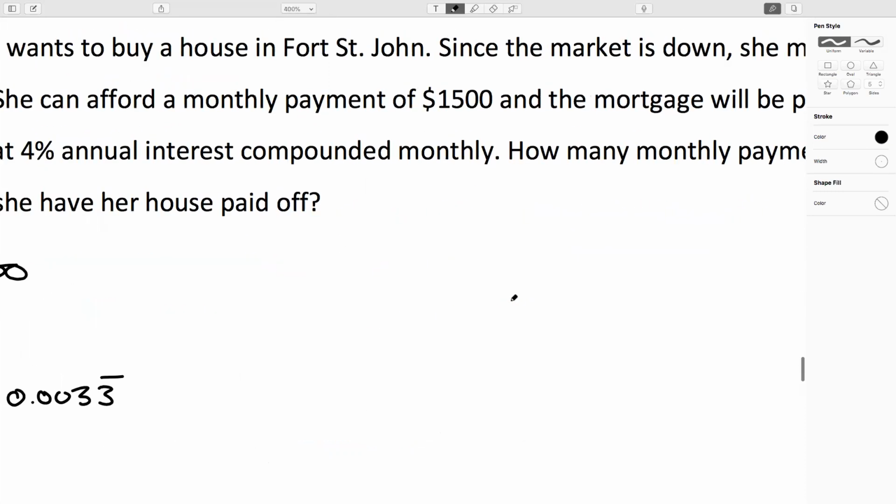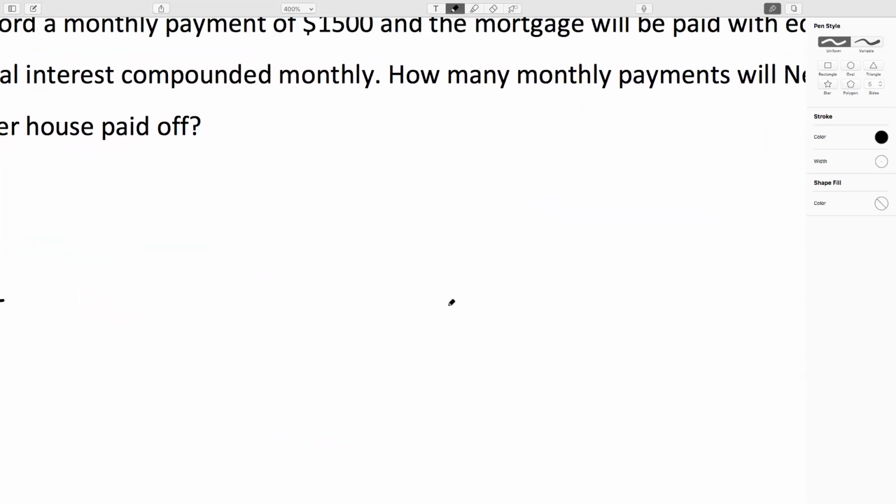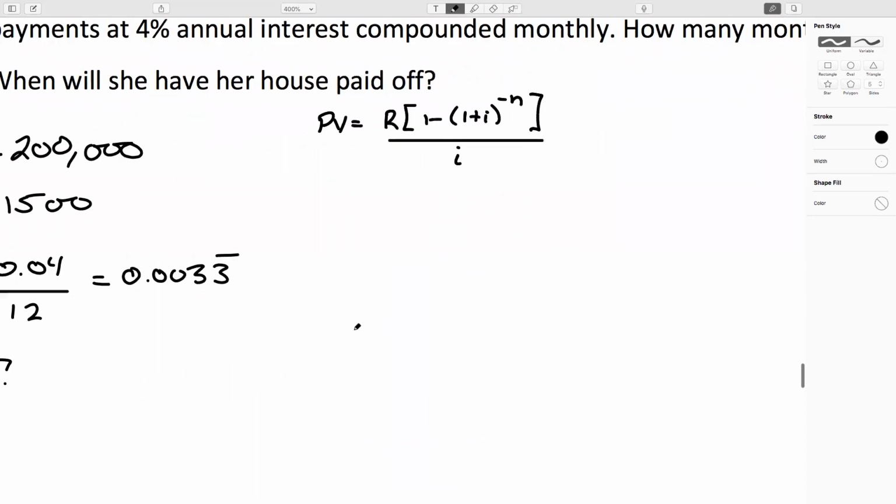All right, so let's write out our formula, the present value formula. So present value equals R times 1 minus 1 plus I to the power negative N, all divided by interest rate I. And now let's plug in our numbers.